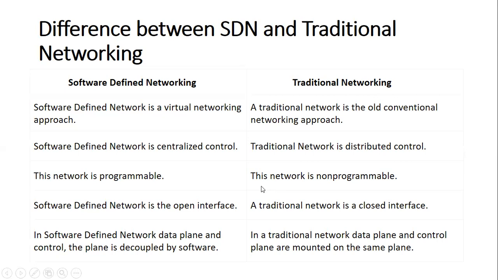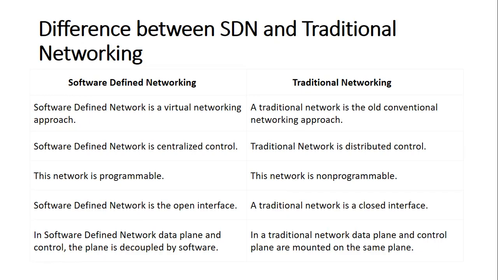Now next, what is the difference between SDN and traditional networking? SDN is basically a network architecture approach. So what is the difference between these two? Software defined networking is a virtual networking approach, whereas traditional networking is the old conventional networking approach.